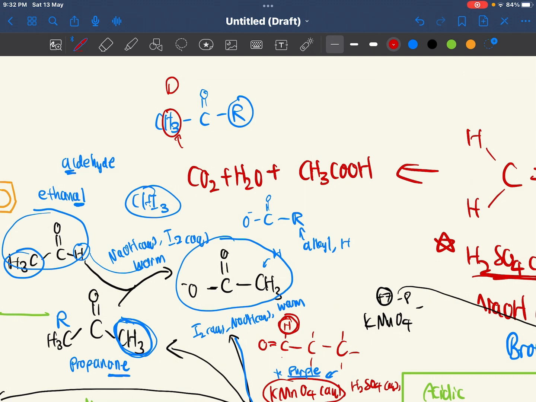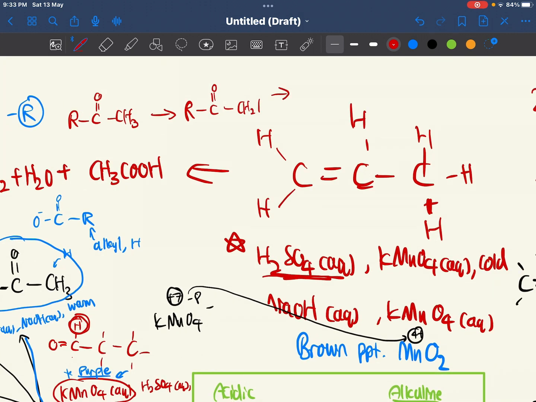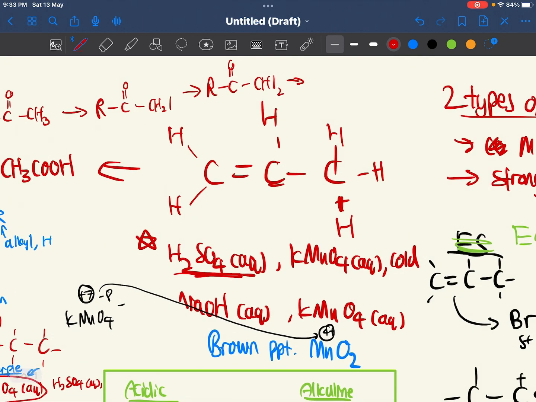If I were to see here, for example I have this compound CH3, then slowly it will become substituted: CH2I, then R, CO, CHI2, then RCO, CI3.